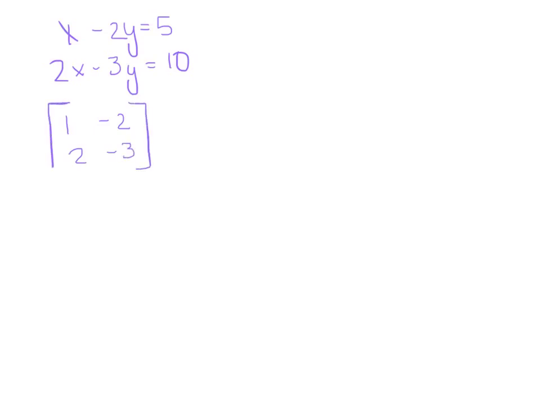In a system of linear equations, let's say we have this system of equations. We could write this in matrix form, find that coefficient matrix, 1, negative 2, 2, negative 3. And if I multiply that 2 by 2 by the variable matrix, x, y, I'll get this 5, 10 matrix on the right-hand side.